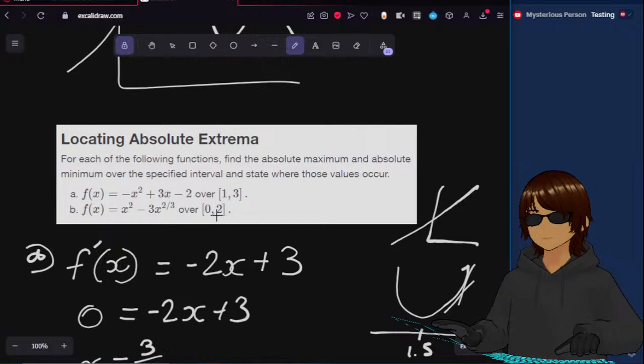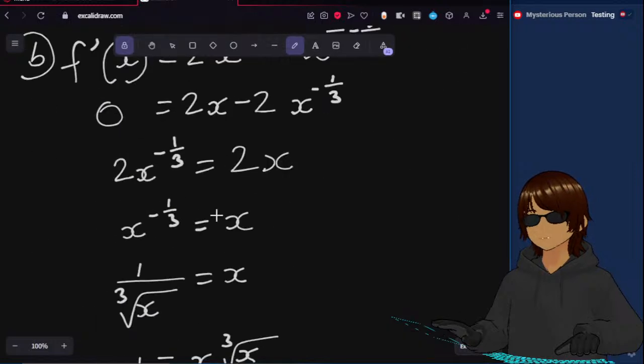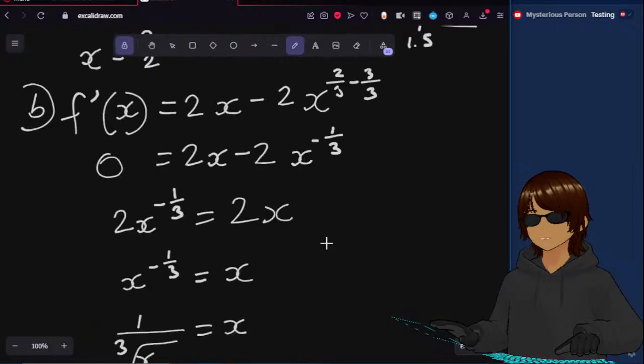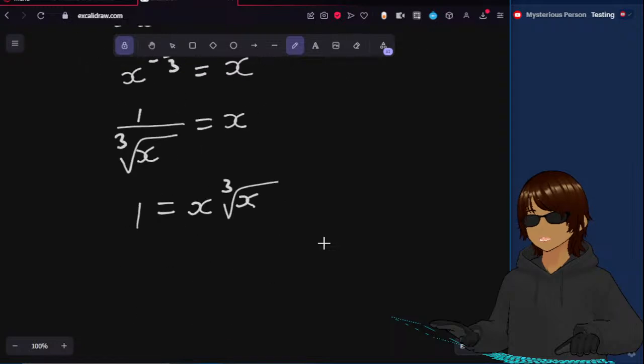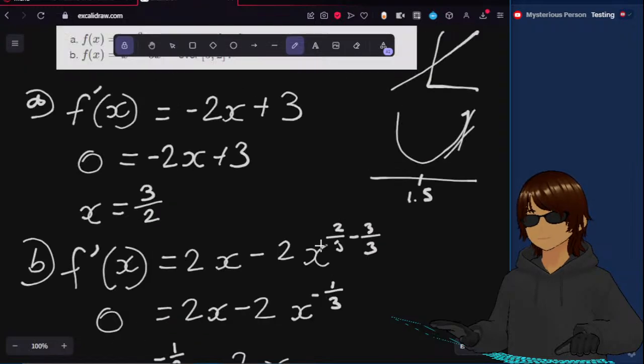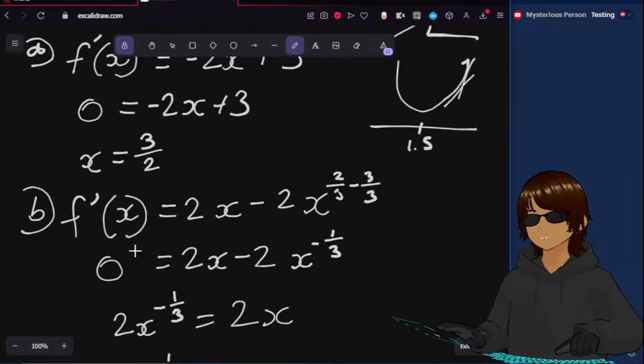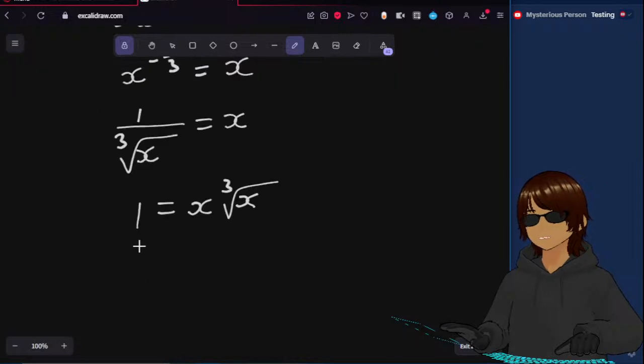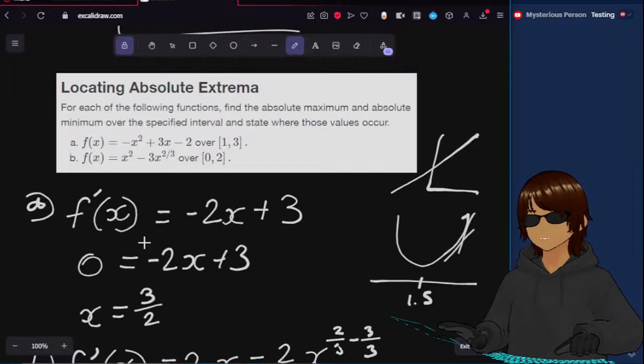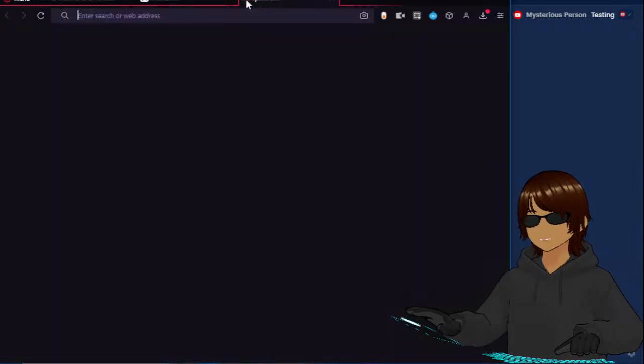So the derivative is 0 when x is 1. Is that a minima or a maxima?